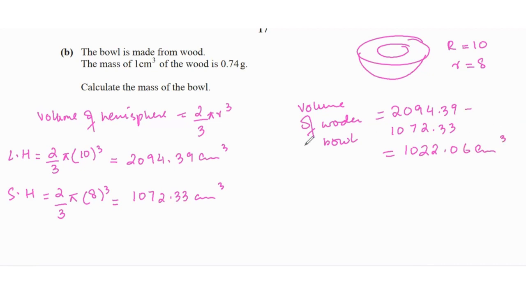So the question is asking us to find the mass of the bowl. If 1 centimeter cube equals 0.74 grams, then for 1022.06 it would be 1022.06 times 0.74, which is equal to 76.3 grams. That is your mass of the bowl.